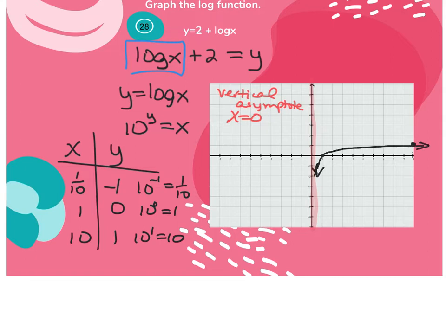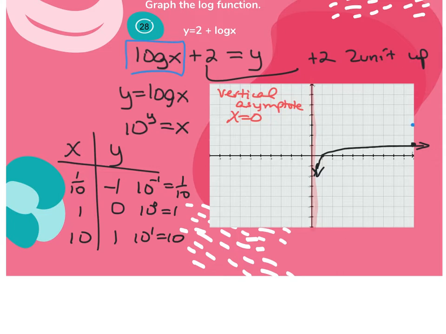And now I am going to shift my points 2 units. So when it's added or subtracted to the log, not in the parentheses, this is up and down. So because it's a +2, it's going to be 2 units up. So let me move each point 2 units up.